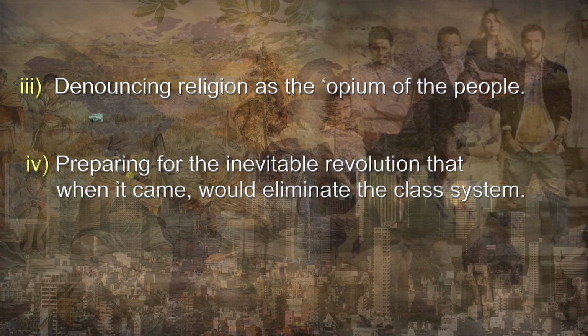And the fourth, preparing for the inevitable revolution that when it came would eliminate the class system. In this philosophy, many human geographers strongly felt that their work should be mainly focused on social and environmental problems and contribute to solutions to these problems.